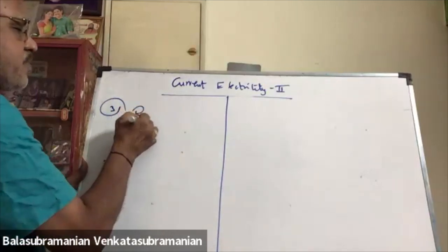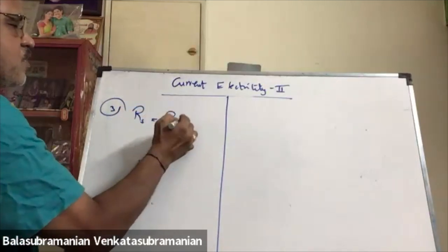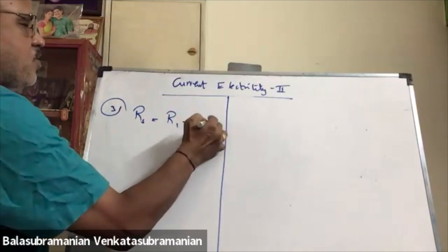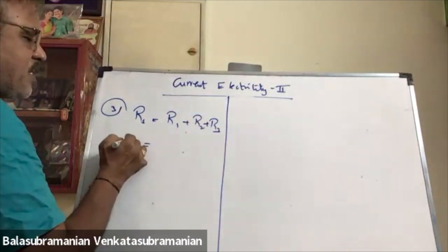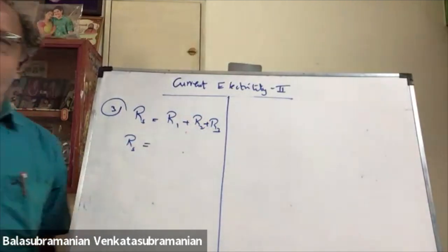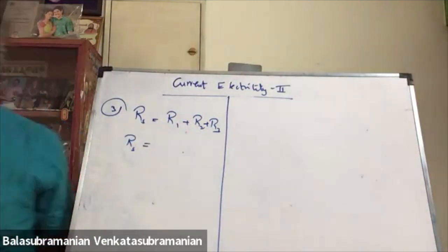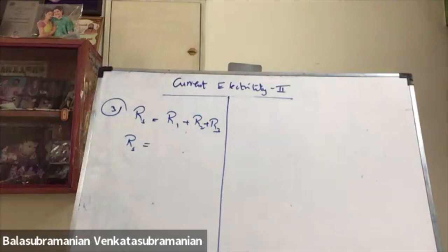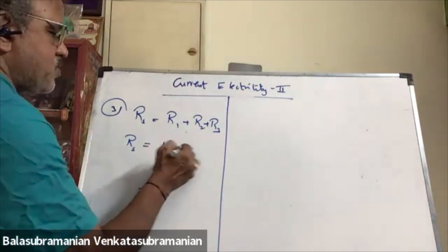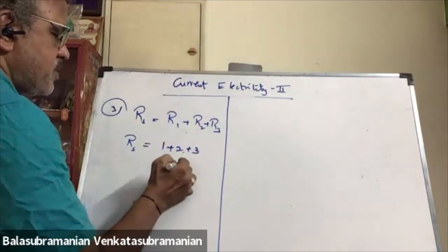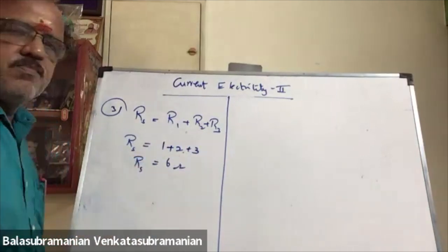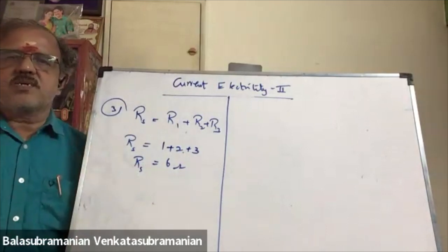Connected in series means the formula Rs is equal to R1 plus R2 plus R3. Basic formula. The values 1, 2 and 3: 1 plus 2 plus 3, 6 ohms. It is 6 ohms here.